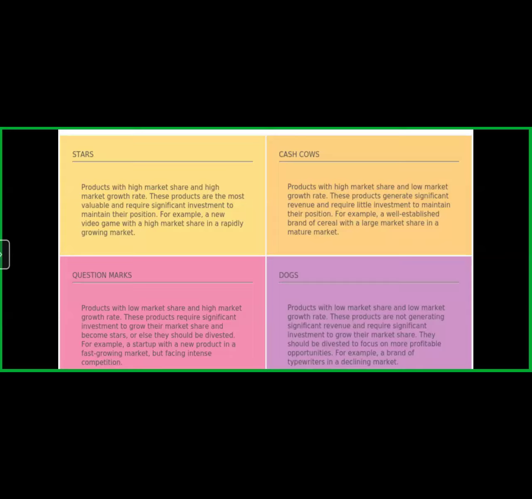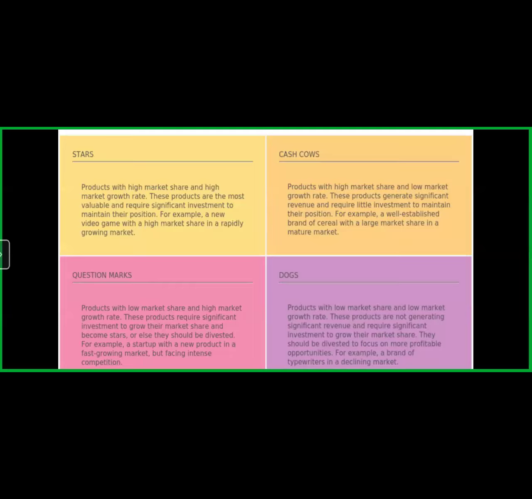When you are aware that your product is enjoying a great market share, as well as great demand in future, you have to start investing more in that particular product to maintain that position. Otherwise, somebody else is going to overtake you. So that is related to the first one, which is called star.